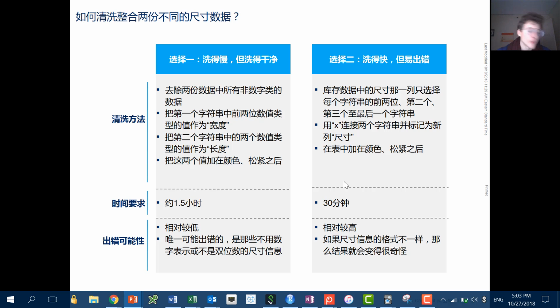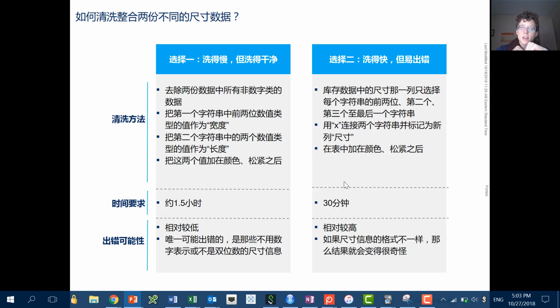And before you jump to a conclusion and say, well, obviously you should pick the clean one, why would you pick a bad solution? This is an example that will follow time after time after time when you've touched data. And when you're working with data scientists and analysts, you will always come down to this tension of how much effort should I put in to clean my data versus how quickly do I need it clean.